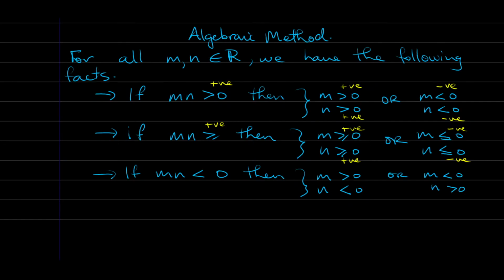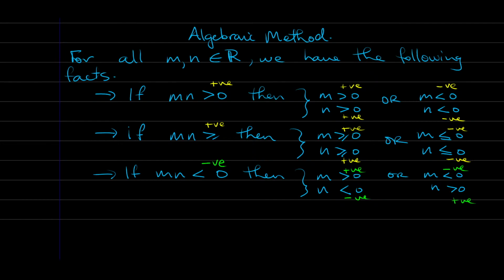Let me just write this out again. So if I'm going to get a negative value when I multiply m and n, then it means that either m is going to be positive and n is going to be negative, or m is going to be negative and n is going to be positive.